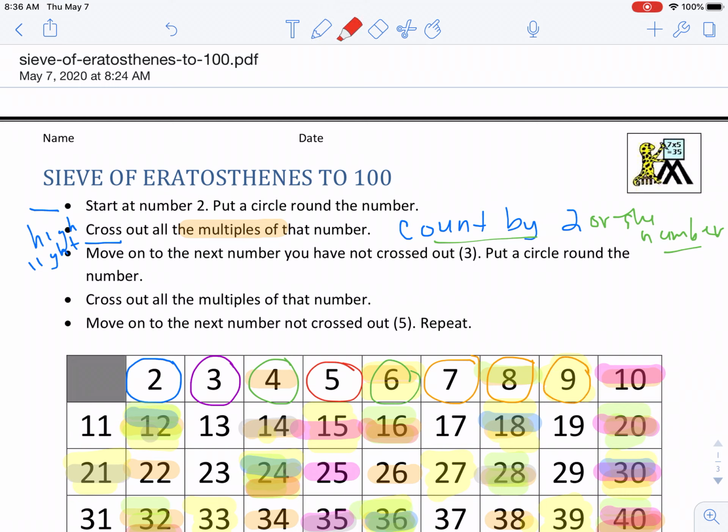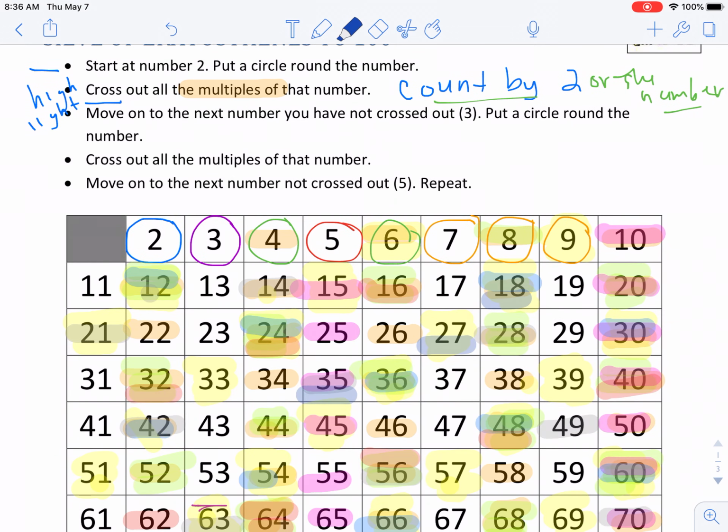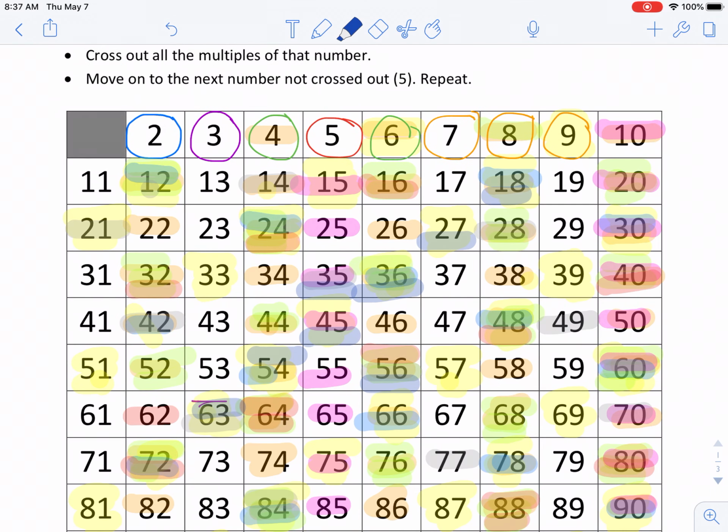So let's see if there's any 9s that are not colored yet. 18, 27, 36, 45, 54, 63, 72.